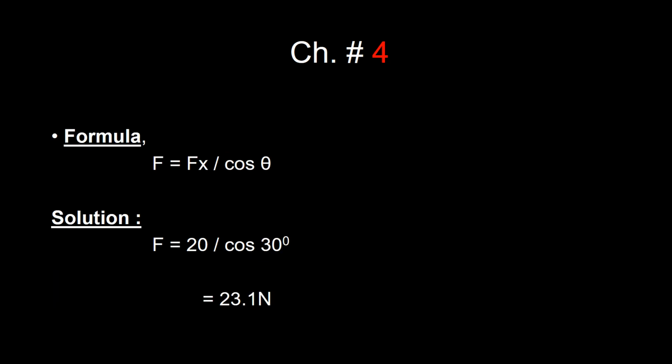The formula Fx is equal to F cos theta, I have changed to make F the subject of the formula, which is Fx divided by cos theta. Now just put the values here. Fx is equal to 20 Newton, and theta is 30 degree, so F is 20 over cos 30, which is equal to 23.1 Newton.